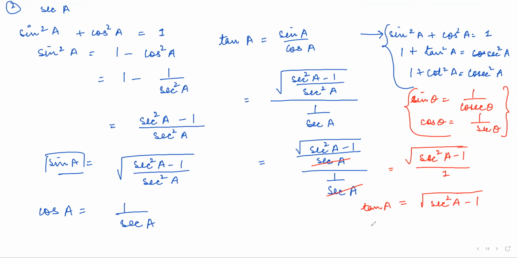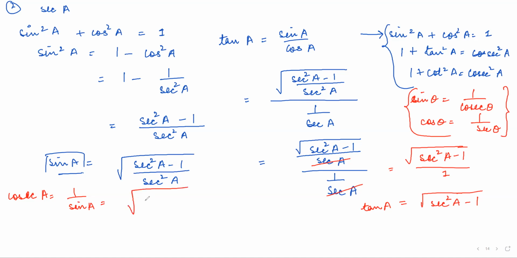Any confusion, anyone? No, ma'am. Okay. Now we already have sec. Next we have cosec. So let's try to find the value of cosec now. So cosec is 1 upon sine. You have already found sine, just take its inverse. So you need cosec of A, which is 1 upon sine of A, and the sine value you already have.